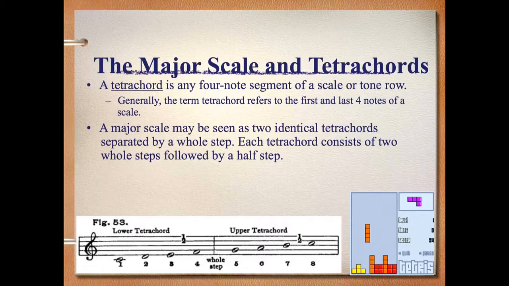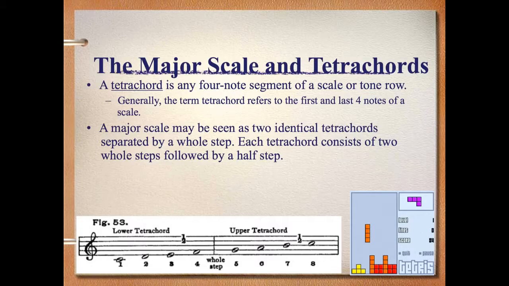When we have a tetrachord, whole step between C and D, D to E, whole step, and then a half step between 3 and 4, E to F, that creates a tetrachord. The upper tetrachord, whole step between G and A, whole step between A and B, and a half step between B and C. Those both create what we call in music tetrachords, whole step, whole step, half step.